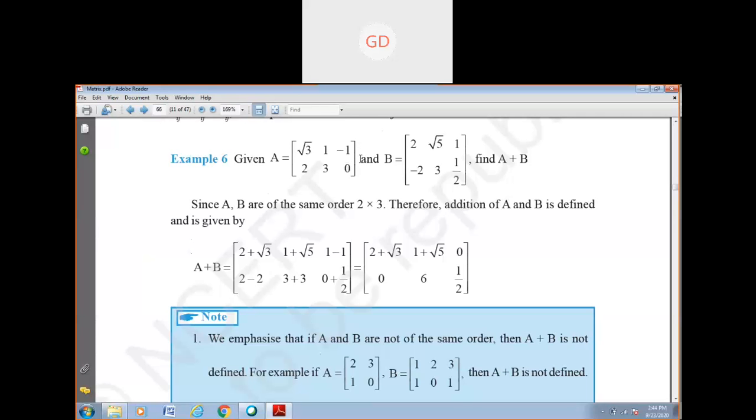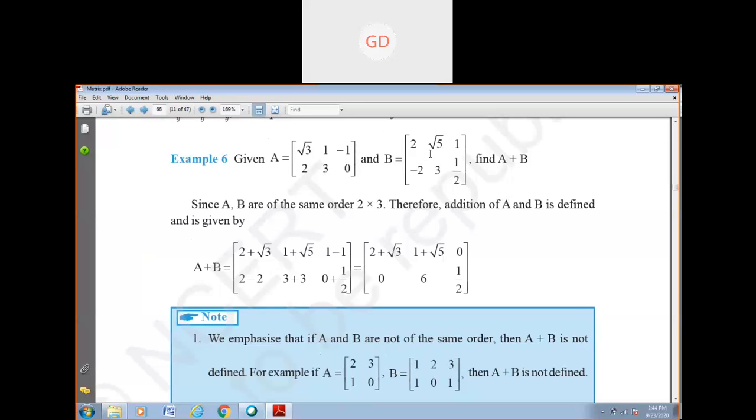That means 2 rows are there, but 4 columns are there. Then the order of matrix A will be 2 by 4, because 2 rows and 4 columns are there. On the other hand, in matrix B, the order is 2 by 3. That means the orders are different.